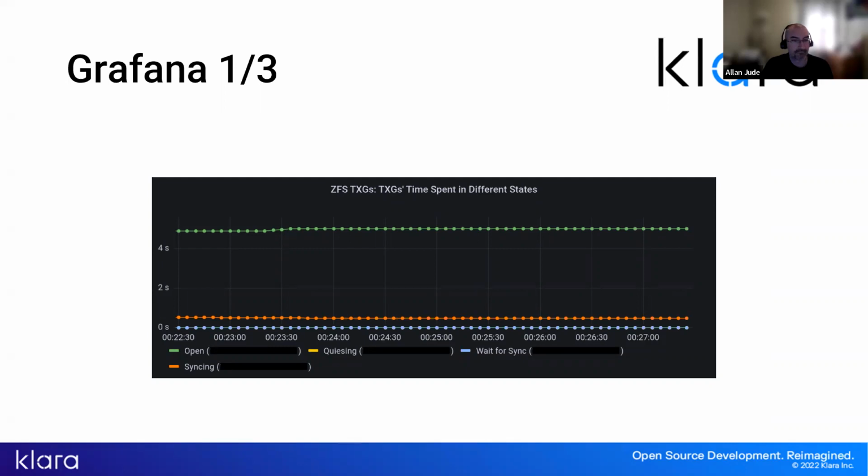Yeah, so over here we have the ZFS TXGs. We can see some average of how much time those transaction groups are spending in different states. Over here we see that the open state is the longest one, right?